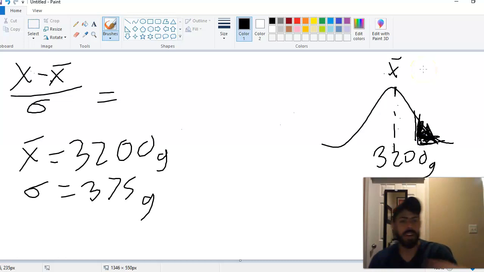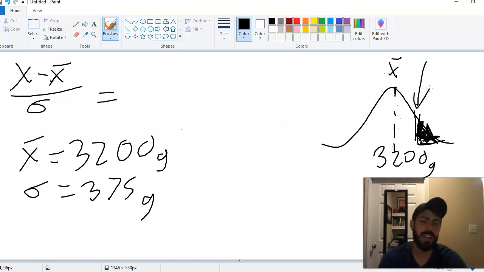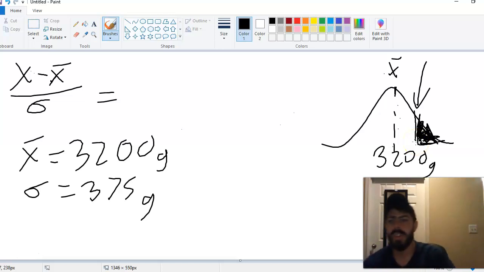So first, we need to know what z-score gets us there, and then we can take that z-score to a normal table and find the p-value or the proportion for that. Now, there's a trick that we'll have to know when we get there, but I'll go over that. First, we just need to calculate the z-score, right?